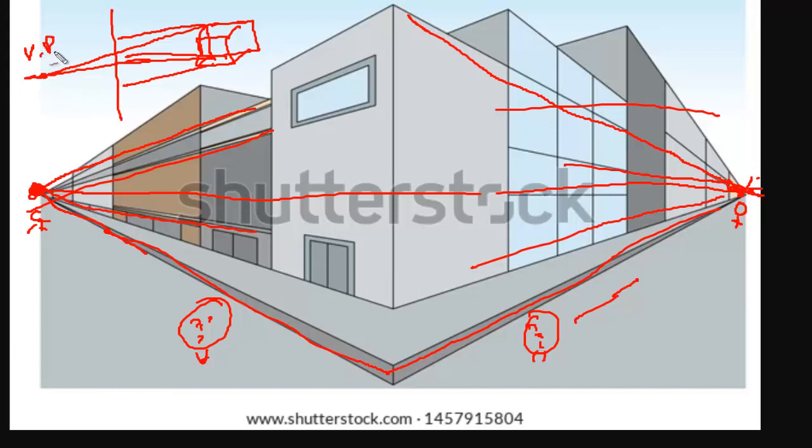The box is then made on this projection plane, and the central line which we have is called the horizon. Above it is the sky, below it is the ground.